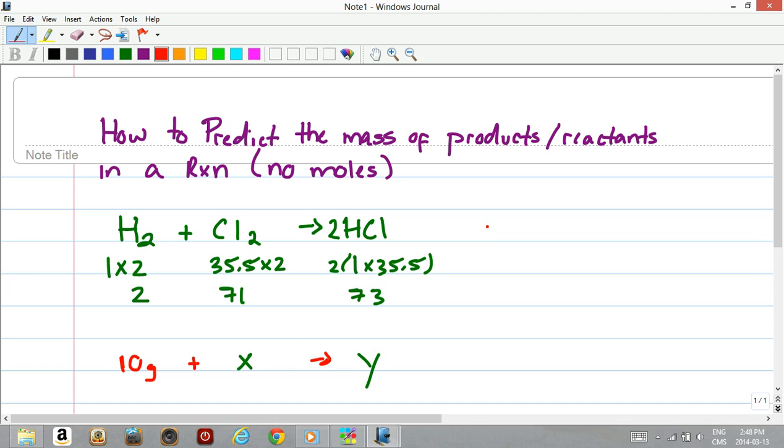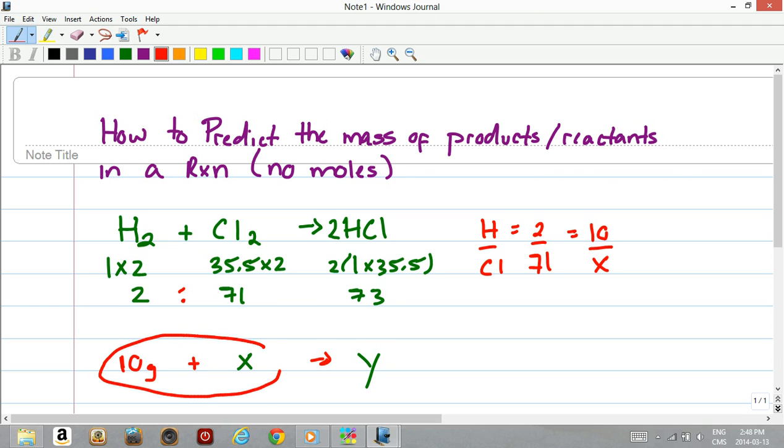Our ratio of hydrogen to chlorine is 2 to 71 according to our reaction. And if we need 10 grams of hydrogen, how much chlorine would have to react with it? So 2 to 71 must be equivalent to 10 to X. That's how we set it up.